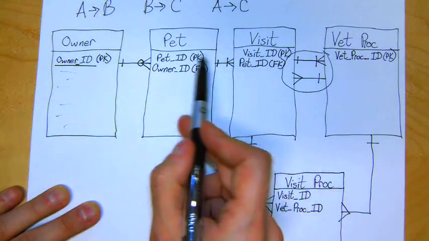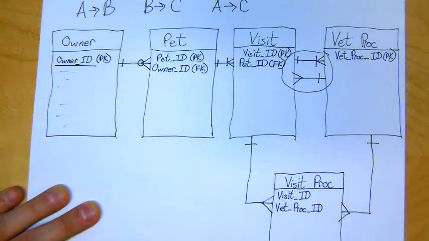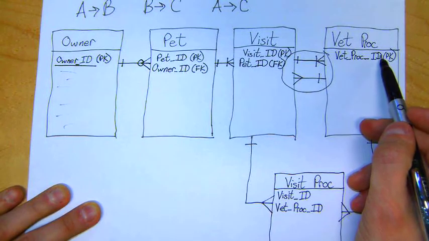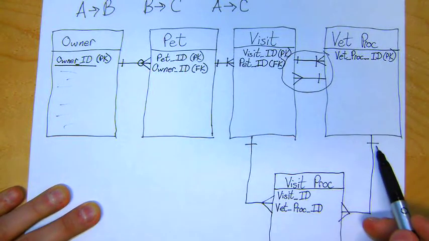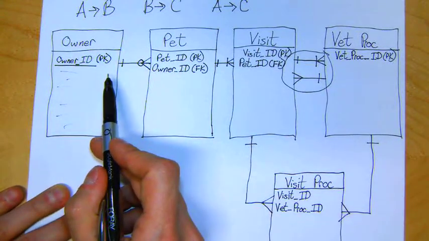And that is going to allow these to talk. Now, we don't have to worry about this guy having a foreign key because he's only on the one side, right? We don't have to worry about this guy having a foreign key because he's only on the one side.